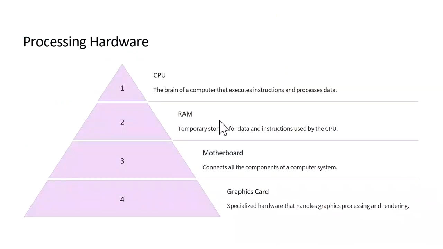Now the processing hardware. What we asked must be processed. We have the CPU, which is the brain of our computer. We have RAM, which stores the temporary instructions we give the computer while we are still using it.